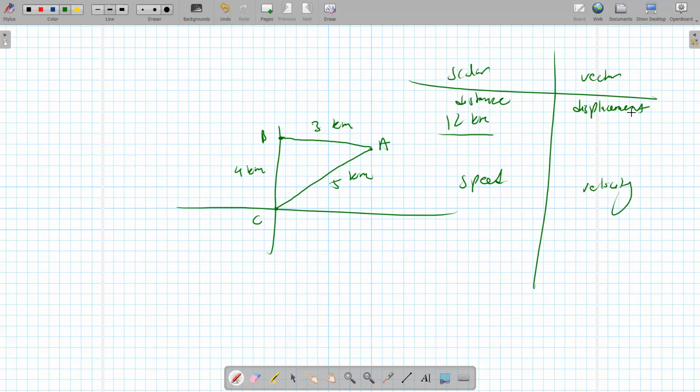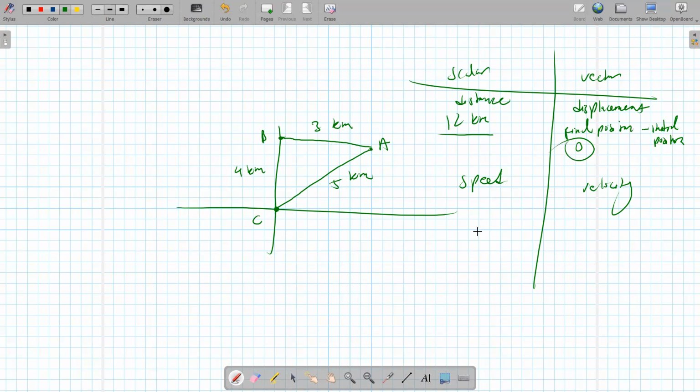Did the guy actually move? He started at C, he went around town, and then he came right back to C. Displacement is the final position minus the initial position. He didn't move. According to displacement, he did not move.